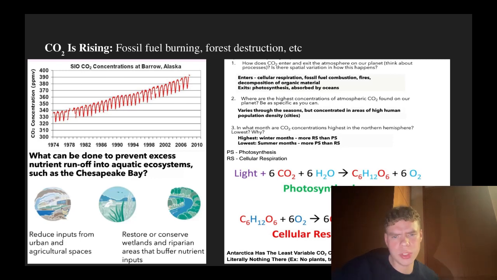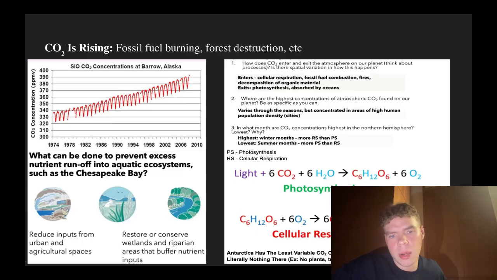And just some over here on the right. Why is this happening? Obviously, fossil fuel burning, forest destruction, human use. And just some questions over here to think about: how does carbon dioxide enter and exit the atmosphere on our planet? It enters through cellular respiration, fossil fuel combustion, fires, forest destruction.